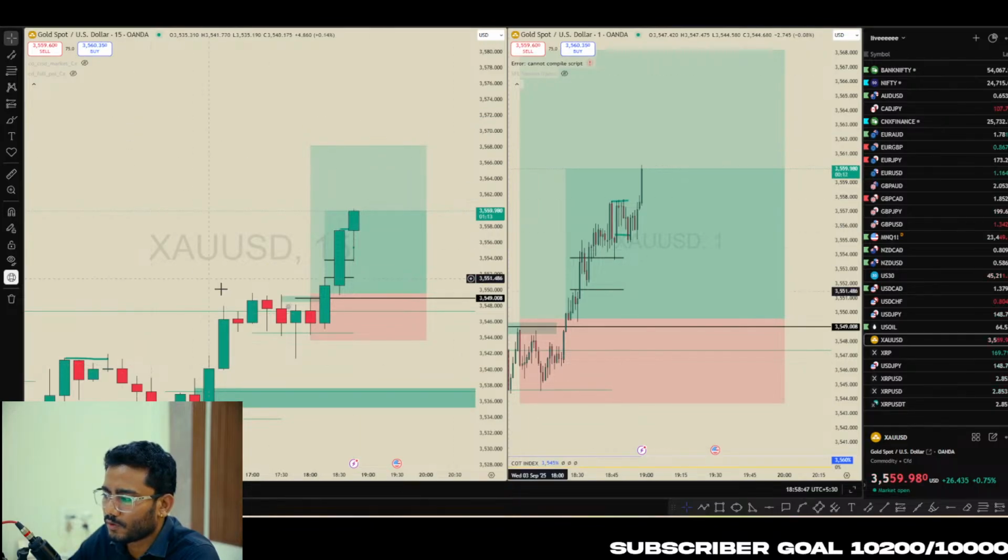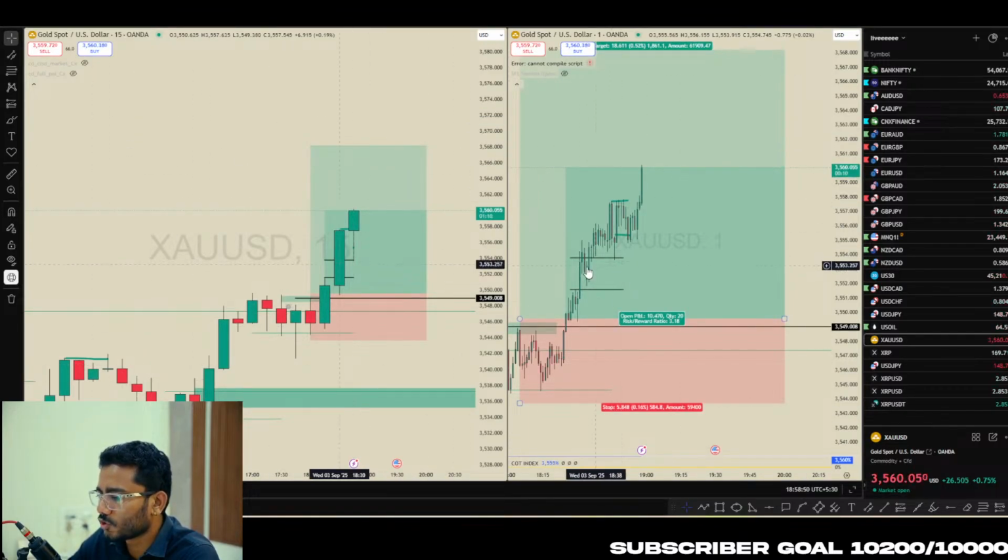So right now, what you can do is trail the stop loss below this low, and we can catch this whole move.